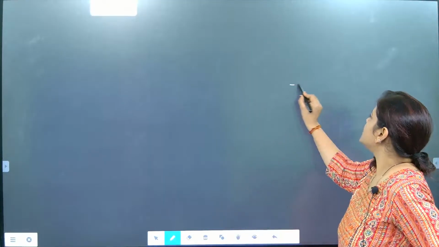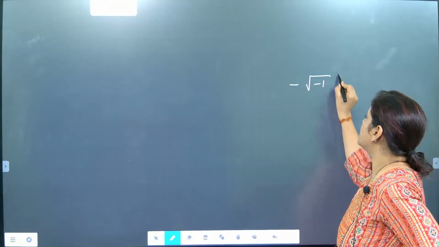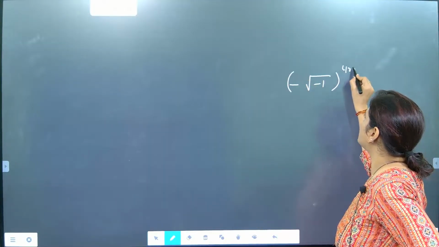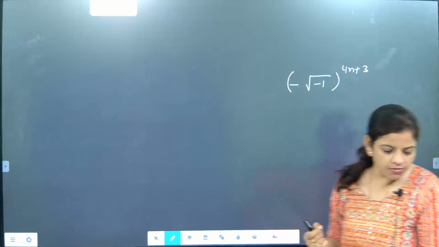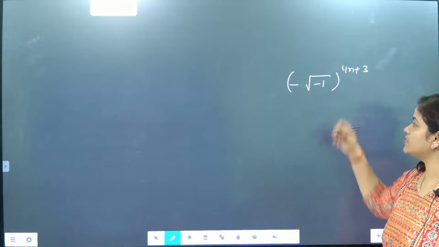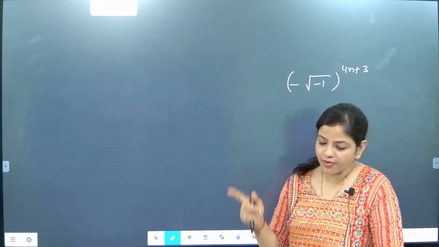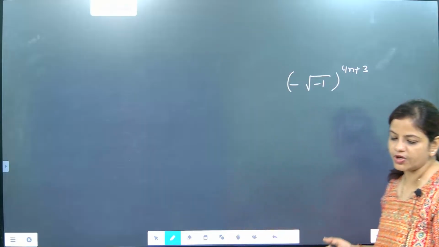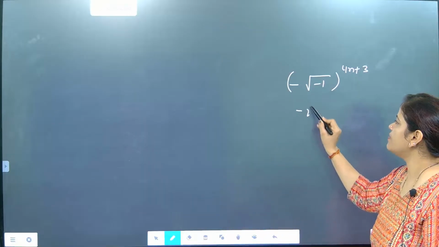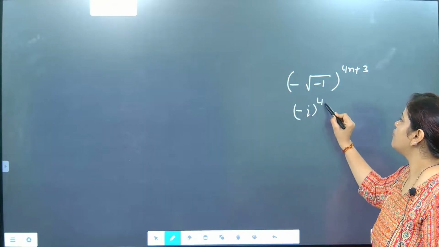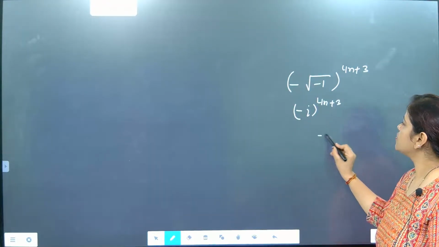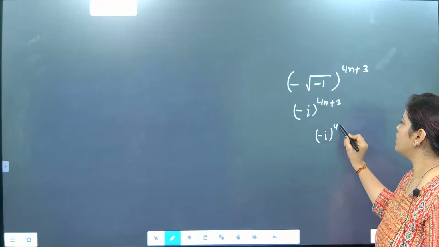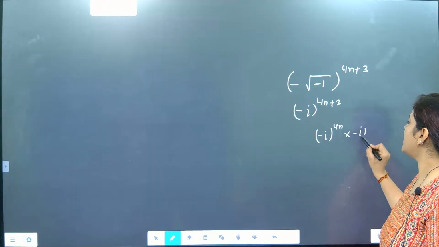In the morning I gave one question. When i to the power 4n plus 3 is there, how do we handle it? Minus of minus root under i written means you are going to write minus i to the power 4n plus 3. So it will be distributed: minus i to the power 4n into minus i to the power 3.